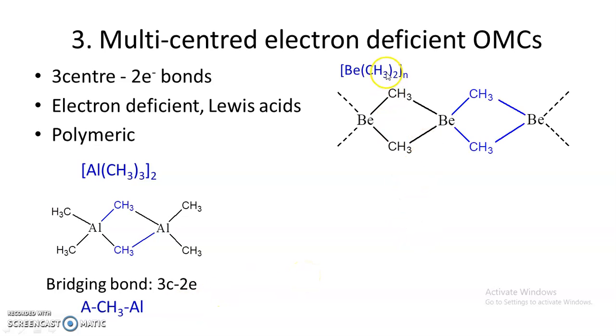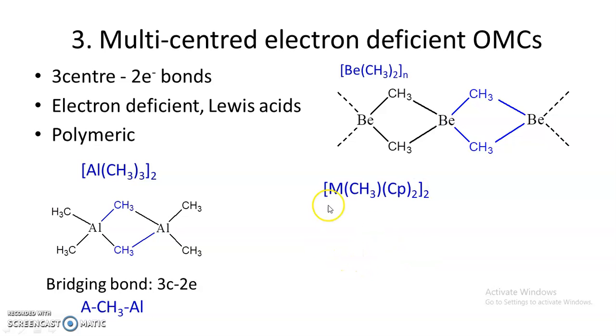Another example is dimethyl beryllium, which exists as a polymer, and there are different beryllium, methyl, beryllium bridges. This bridge is a three center 2 electron bridge.